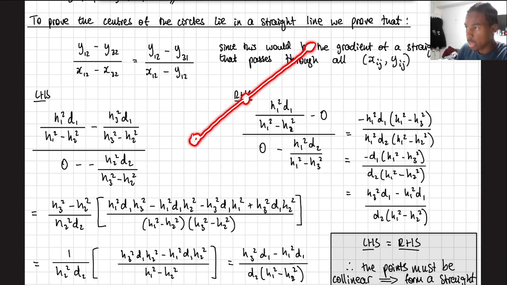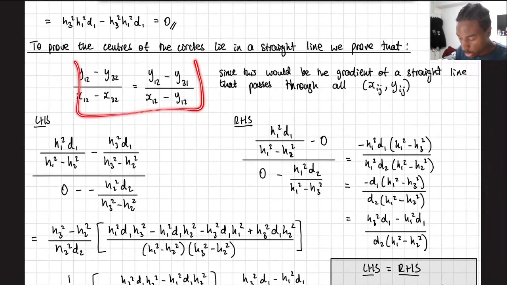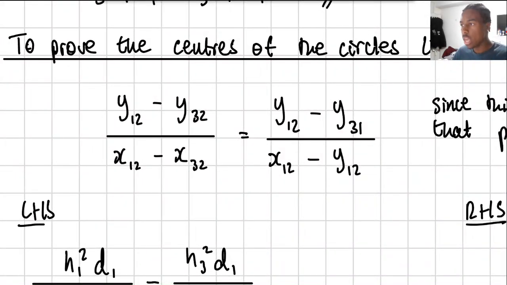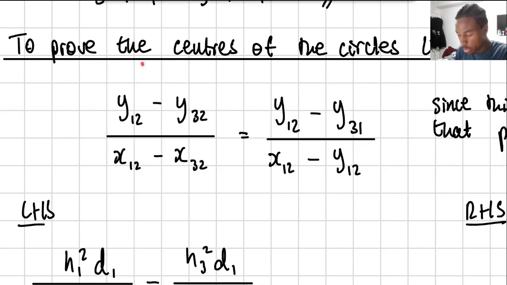Because that means that you have the gradient of a straight line that passes through the exact same point and connects all 3 points. Does that make sense? So if we have a look at this equation here, what is the shared point? Well, it's x12, y12. So if we prove that this left-hand side is equal to this right-hand side, that these gradients are equal, we've shown that those 3 points have to lie on the same straight line.